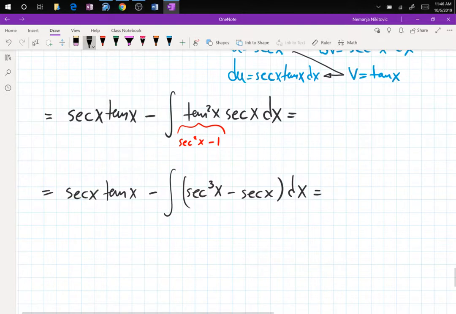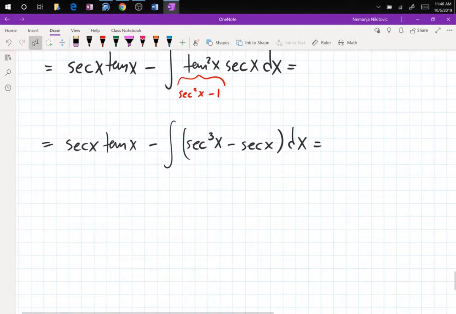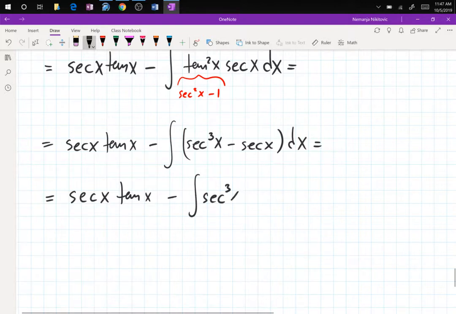Now you know you can separate this into two integrals, which is secant x tangent x minus the integral of secant cubed x dx plus the integral of secant x dx.